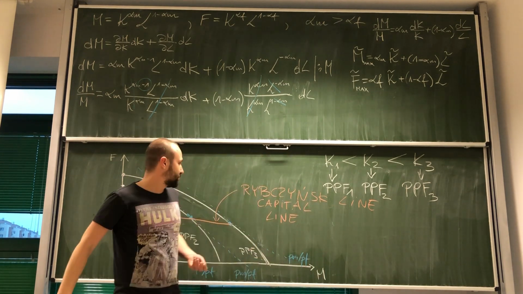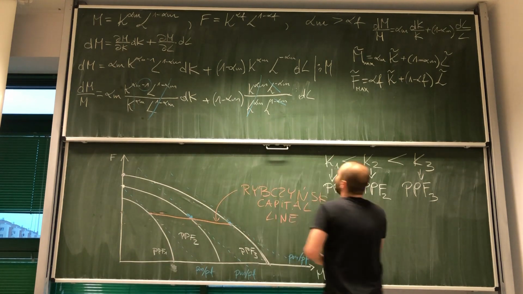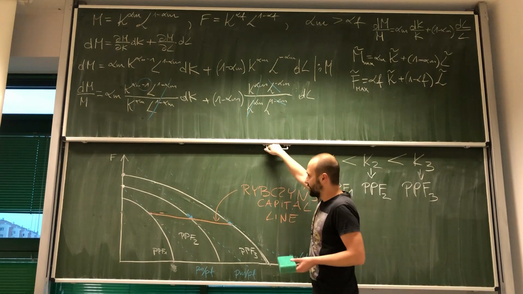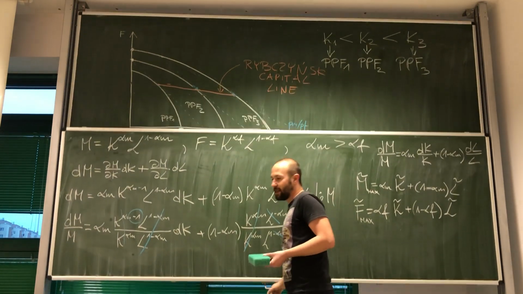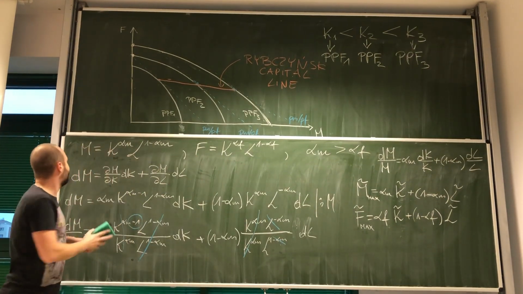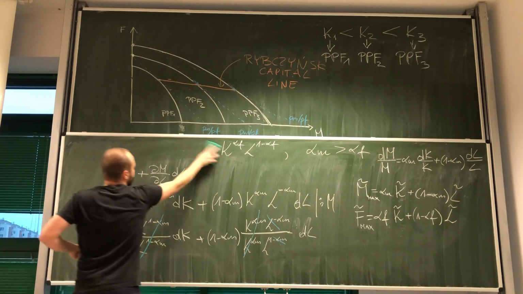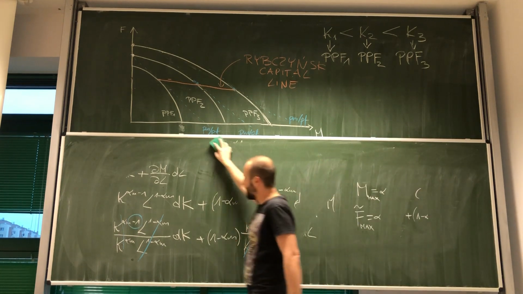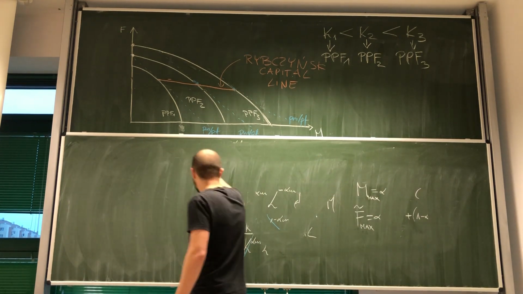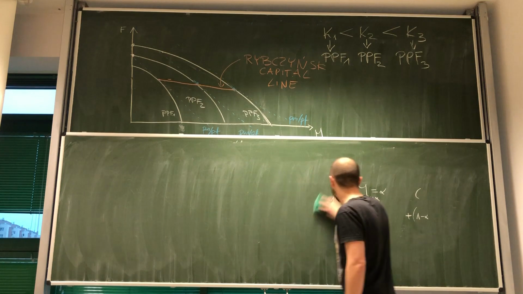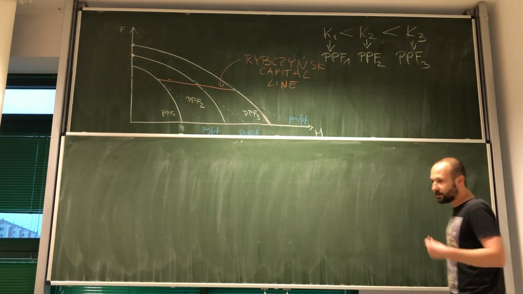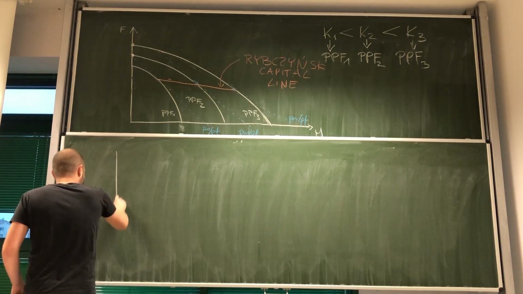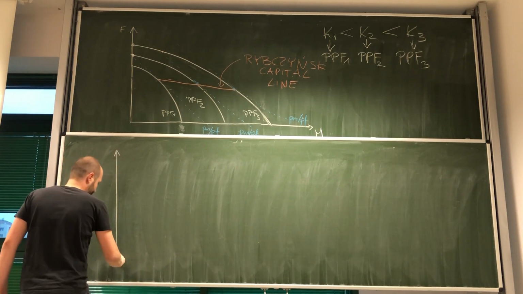Why is it called Rybczyński capital line? Well, because we quite easily could do very similar experiments for labor. Look, if now we would change the setup, and instead of having bigger and bigger level of capital in the economy, we would have bigger and bigger level of labor in the economy, the case would look like this.